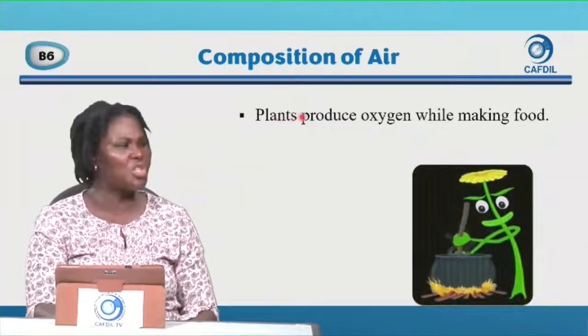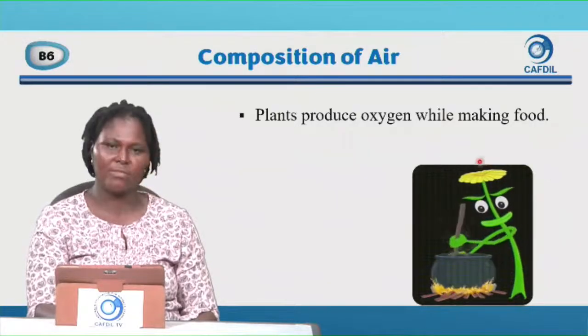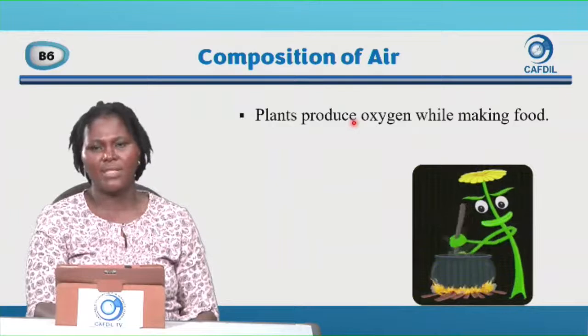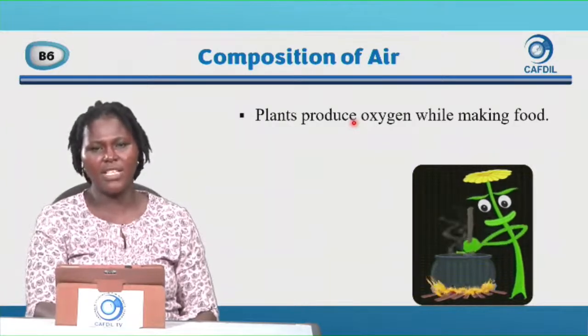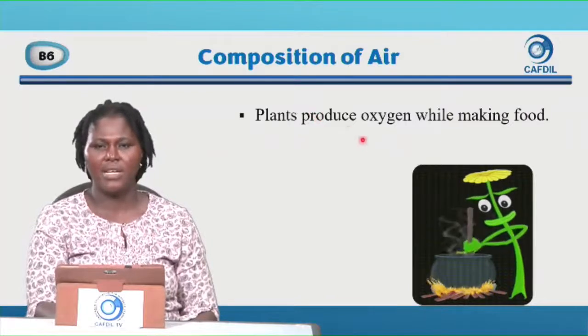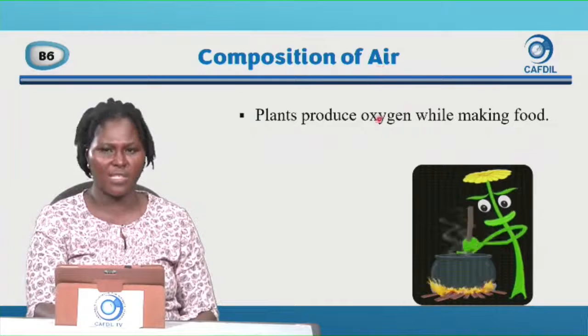Now plants produce oxygen while making food. So the plants use water and sunlight, energy from the sun, to prepare their food. As they are making their food, they produce oxygen.